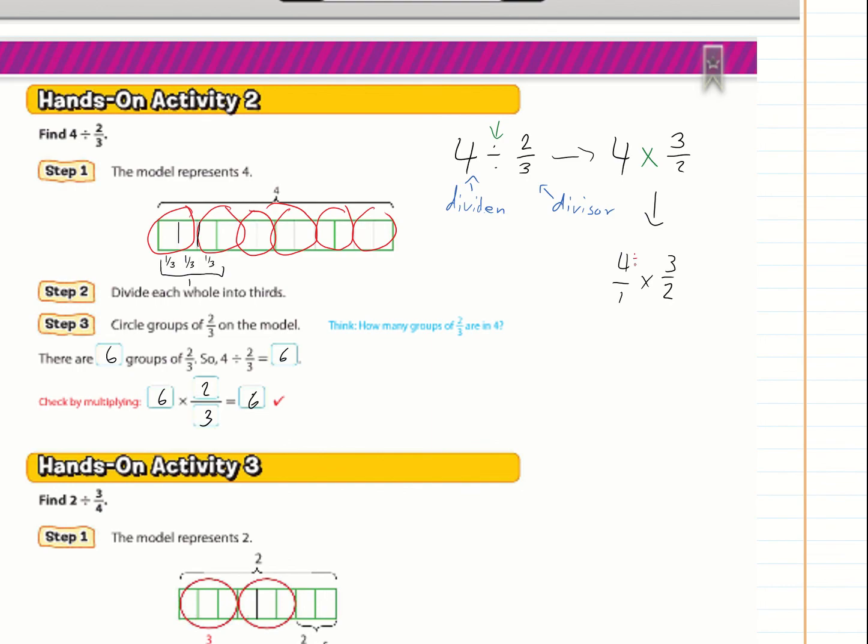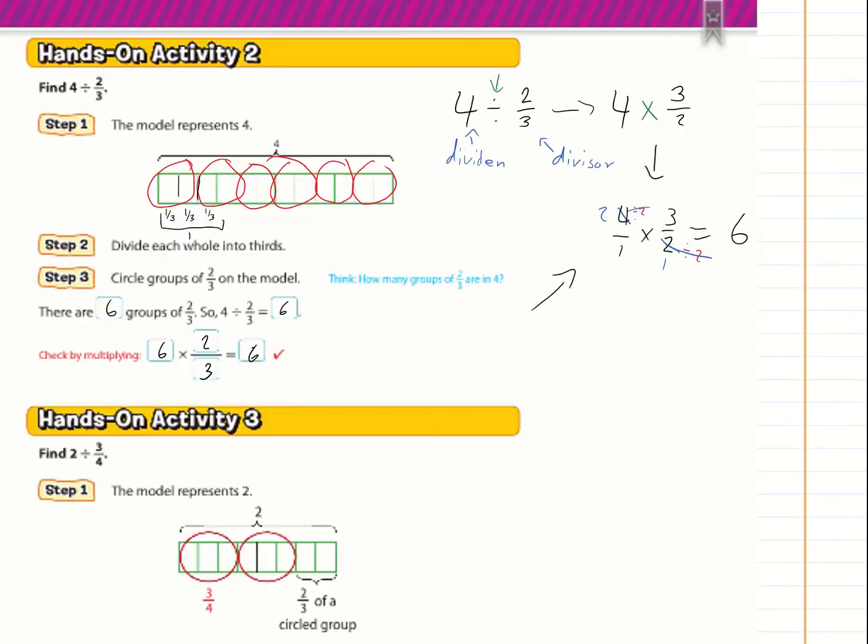Now if I cross divide or use the butterfly method, I can reduce this to 2, and that's going to change to 1. So now I have 2 times 3 is going to equal 6. This is the method you'll be learning tomorrow. If the model method does not make sense, then I recommend using tomorrow's method.